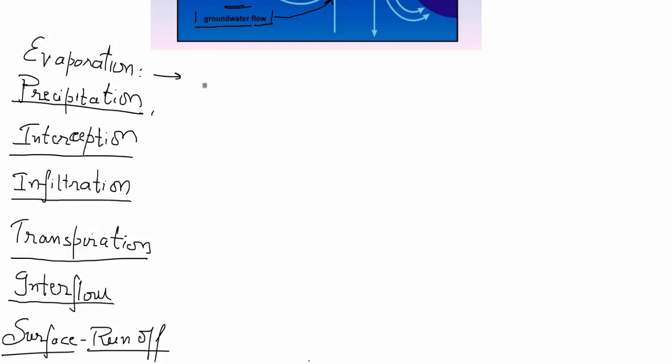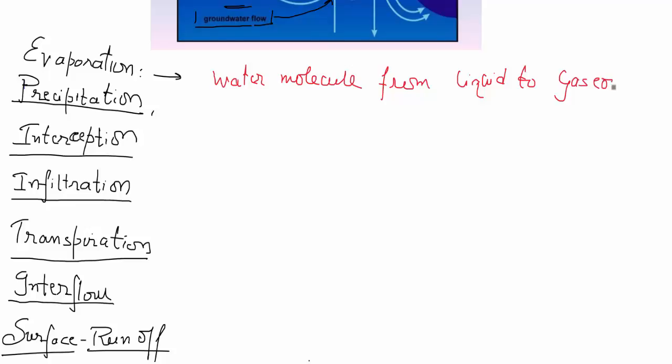Evaporation is the transfer of water molecules from liquid state to gaseous state. Very simple, from liquid to gaseous state. It is from oceans to cloud, you can say like this. Now we have precipitation.